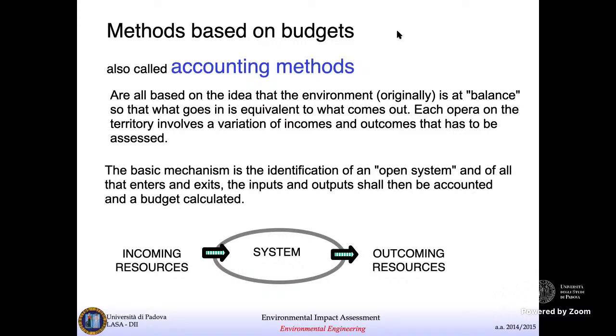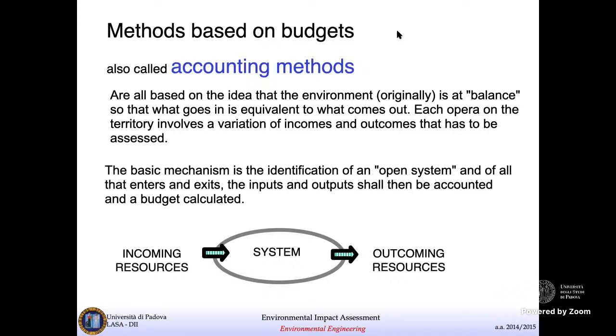So we look at the environmental system as an open system, a system that uses resources, what we may call incoming resources, but also that produces some kind of outgoing resources, or, in the language of environmental engineers, impacts, pollution, effects on the surrounding environment due to the activity of the internal system.